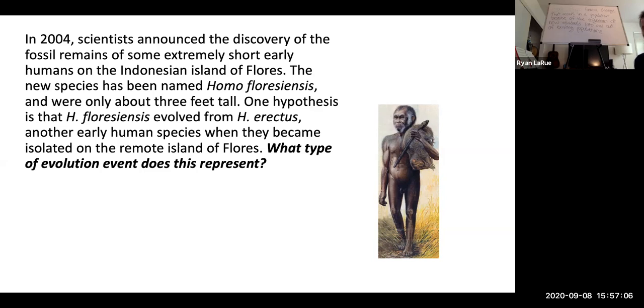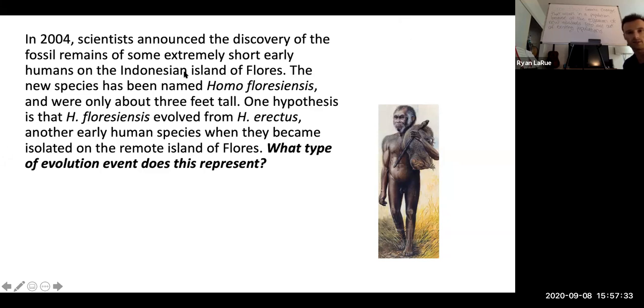What type of evolutionary event does this represent? So it's this, or they became isolated, right, on this remote island. I didn't mention that. Should have mentioned that right here. So they evolved from Homo erectus when they became isolated on this island.